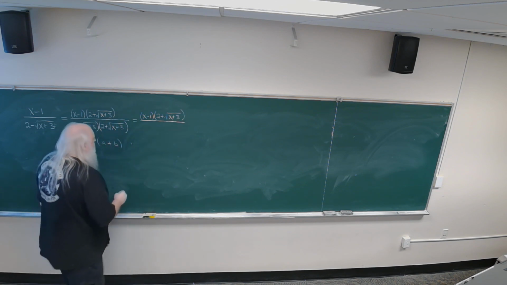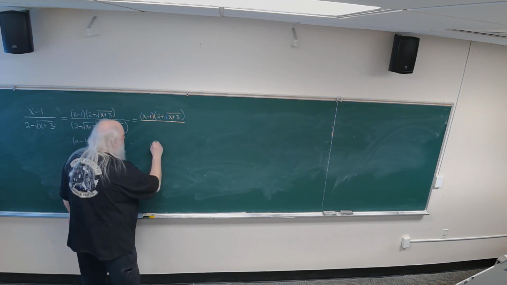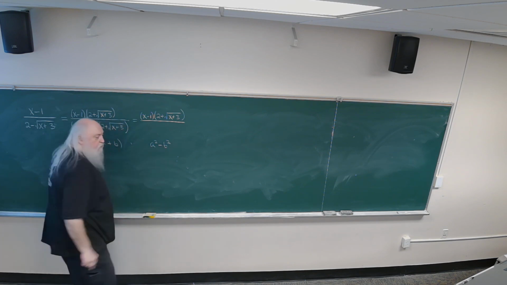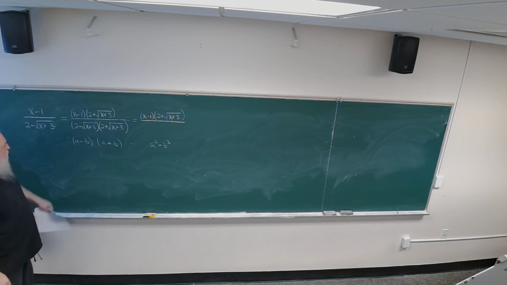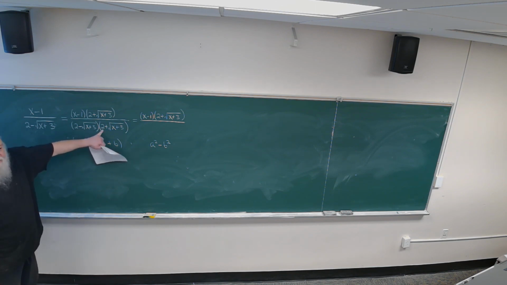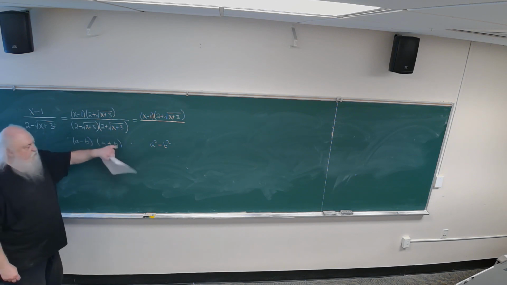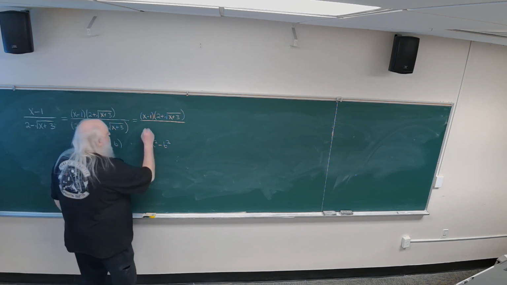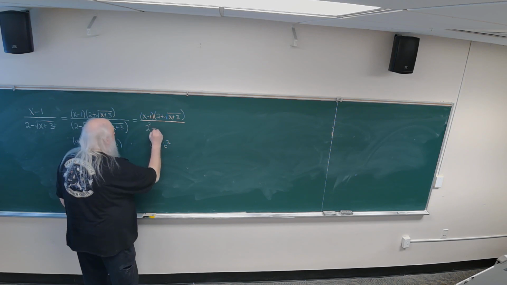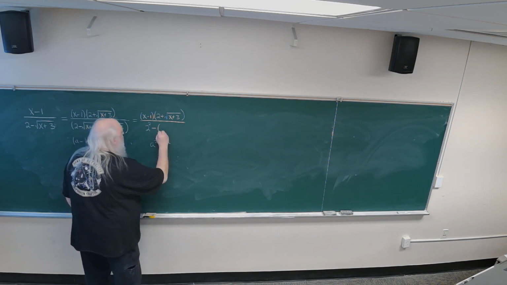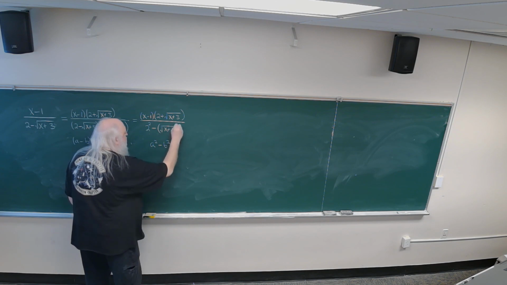The denominator FOILs to a squared minus b squared. What's a? 2. What's b? Square root of x plus 3. So a squared is 2 squared, and b squared is the square root of x plus 3 squared.